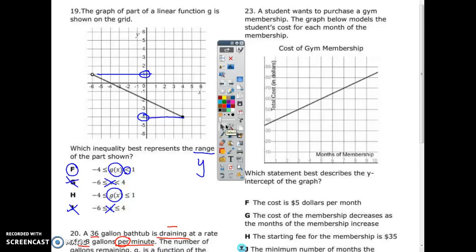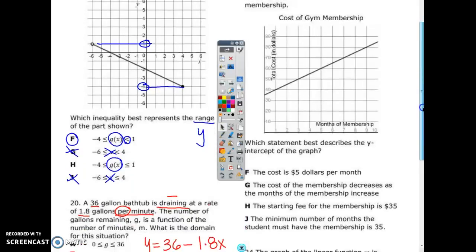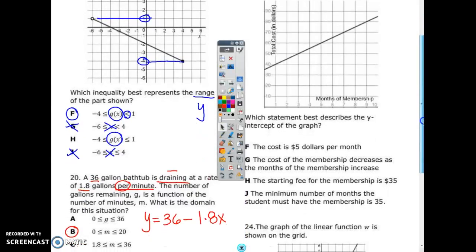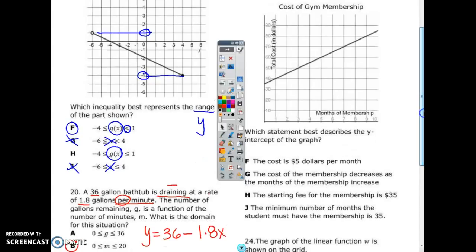And then problem number 23. Okay, it says, which statement best describes the y-intercept of the graph? So just the y-intercept, what happened right here? That's when you started, right? So the cost is $5 per month?